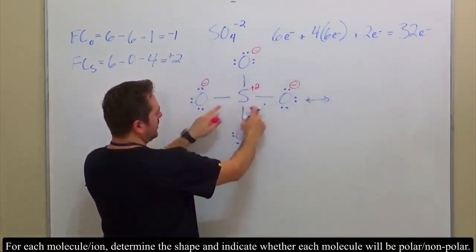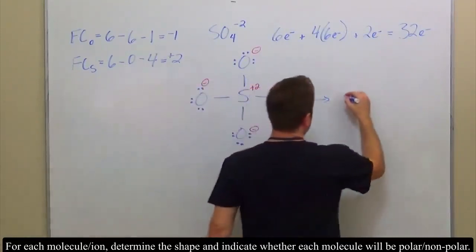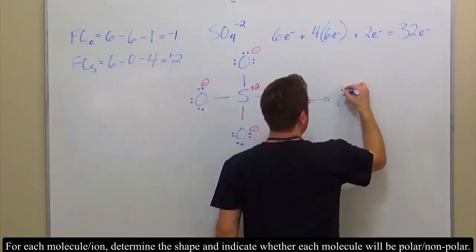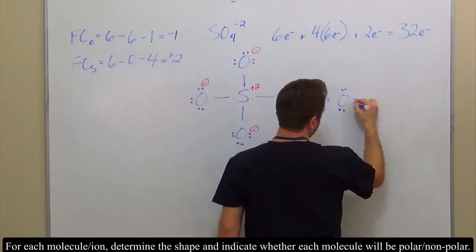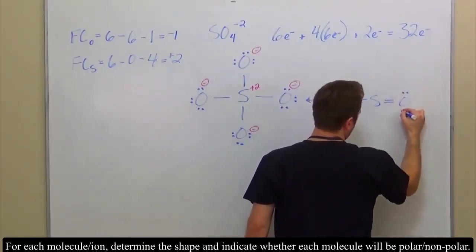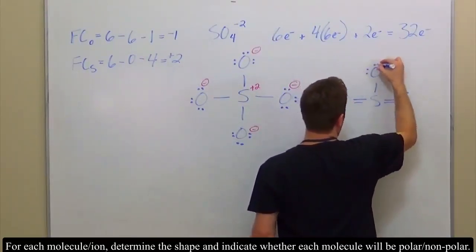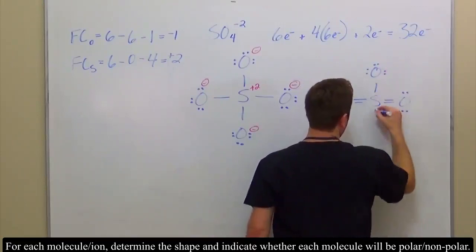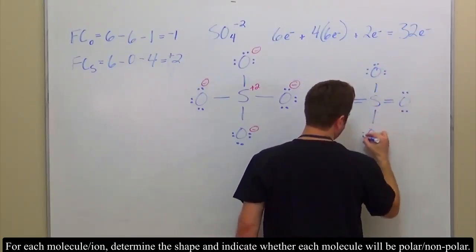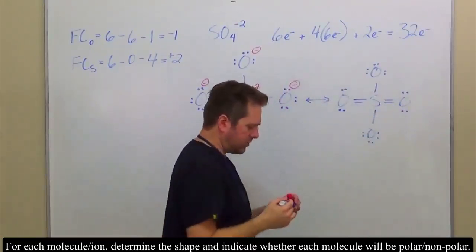Remember, sulfur, since it's in period 3, we can go beyond the octet. So let's set it up that way. Let's say that we have the double bonds to our central element, being the sulfur, and then out here we have just single bonds to oxygens. Let's call these oxygen 1.